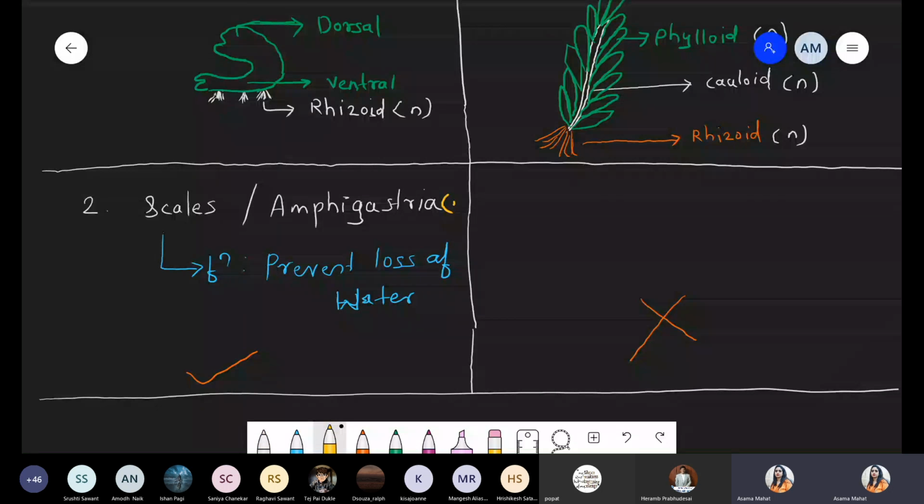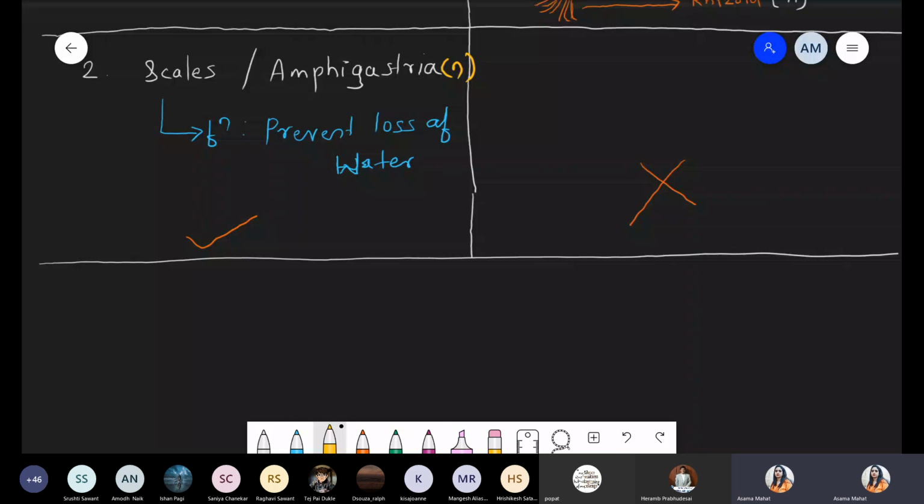It is haploid in nature, because scales are present on the gametophytic body. Got it? This point is clear. Amphigastria are a typical structure present on the gametophytic body. Function: prevent water loss. Totally absent in mosses.